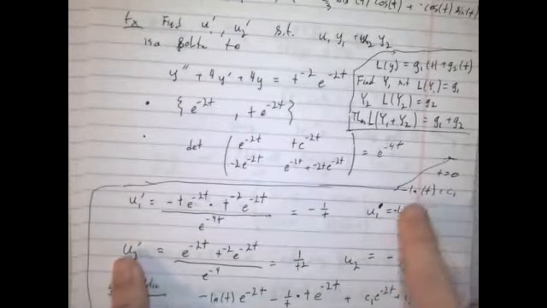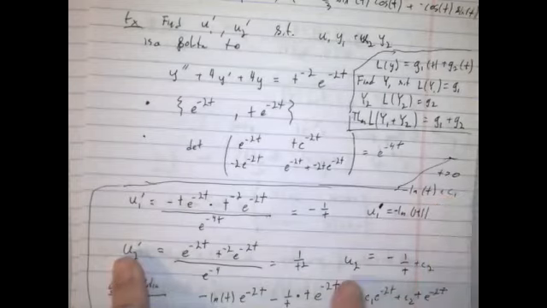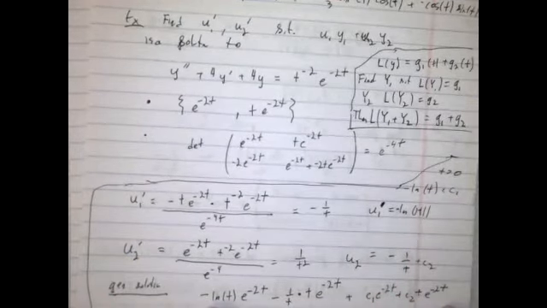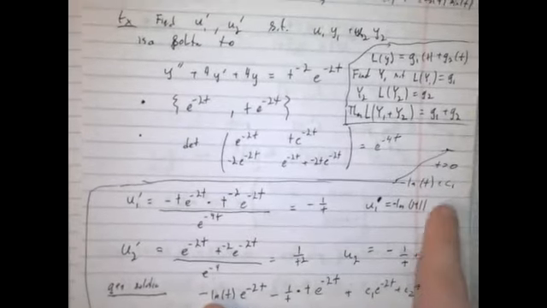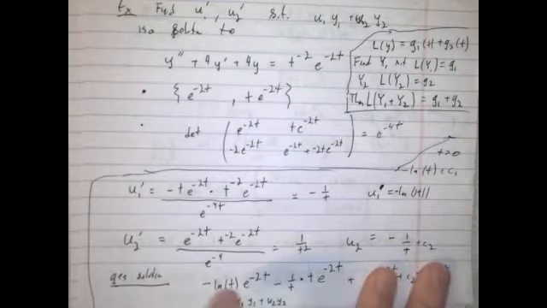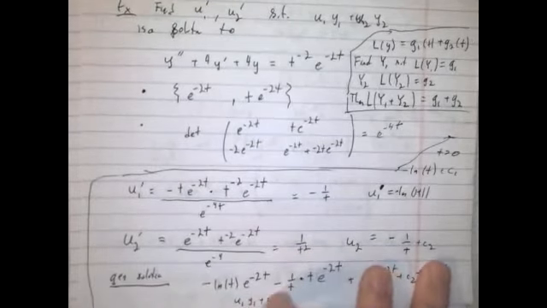And when I have u1 being this family of functions and u2 being this family of functions, then I get the whole general family. Or I could set c1 equal to 0 and set c2 equal to 0. In this case, that would kill this part. And now what's left over is a particular solution to L of y is equal to g of t.